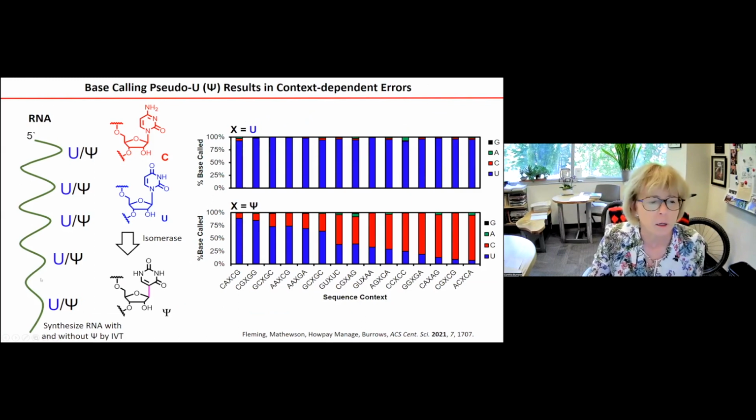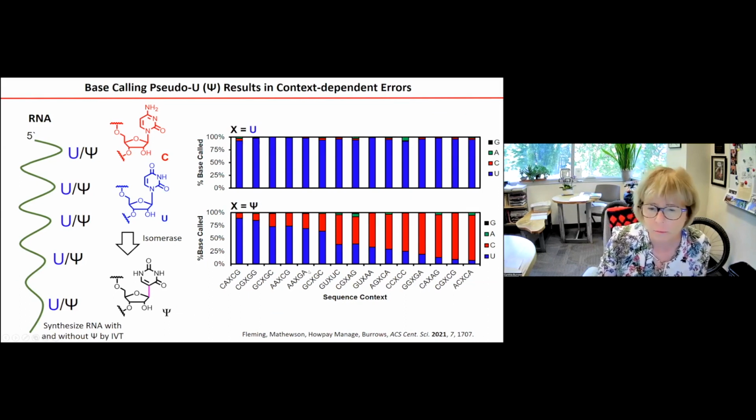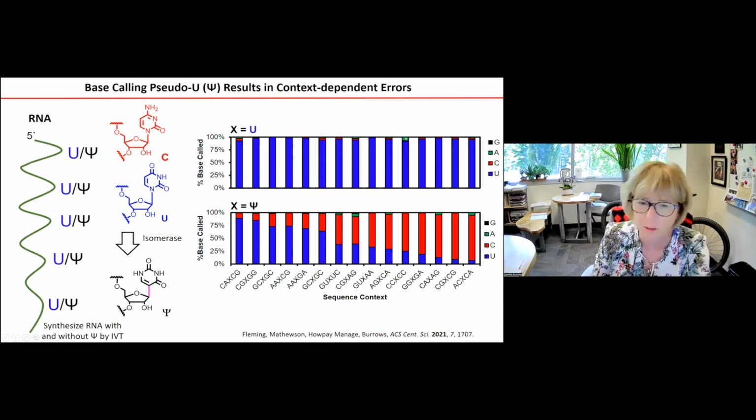If you have a long RNA that's either U in all of its native locations or pseudouridine, in the first experiment, when you have U in many different sequence contexts, that will be base called mostly as a U with pretty good accuracy. A couple of sequences are not quite base calling correctly, but it's pretty good.